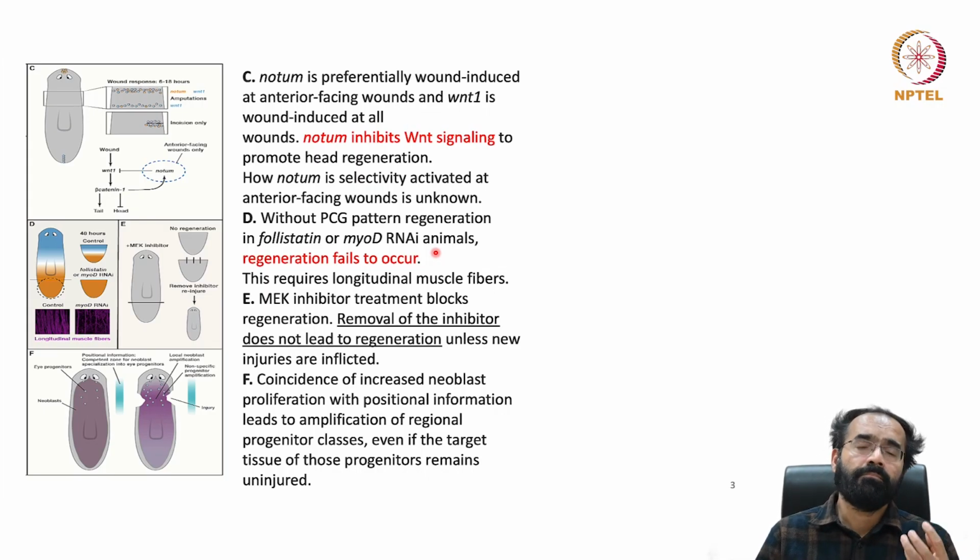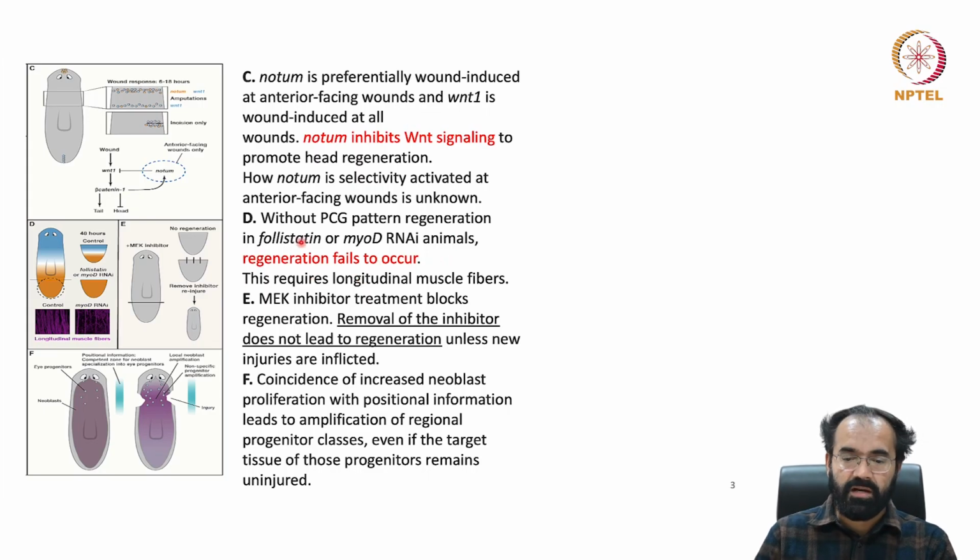The motivation for the neoblast to differentiate into a given tissue type comes from the PCGs, and PCGs are expressed only in muscle. But if you get rid of the identity of the muscle, then you cannot have PCG. If you don't have PCG, no regeneration. So that is the logic.